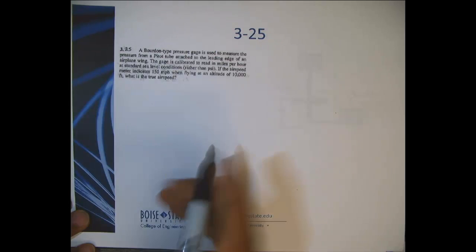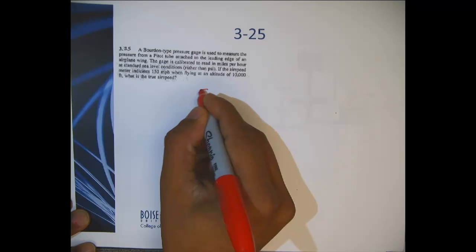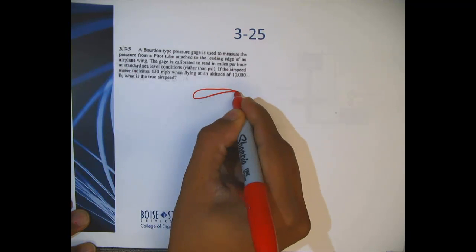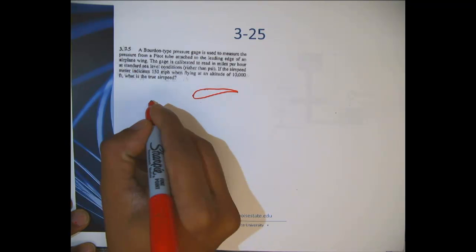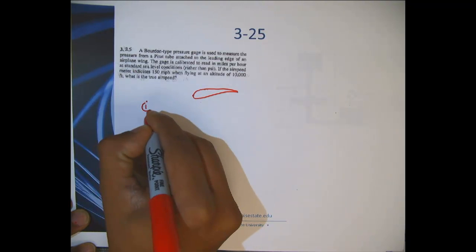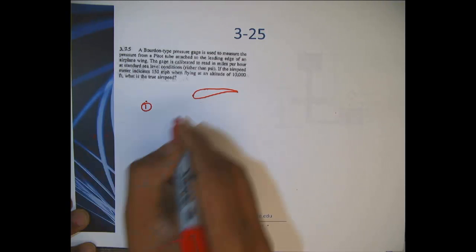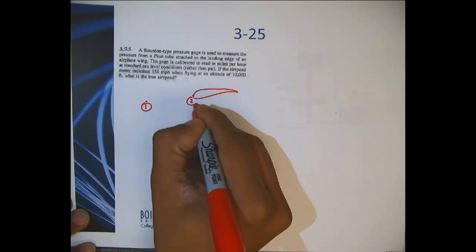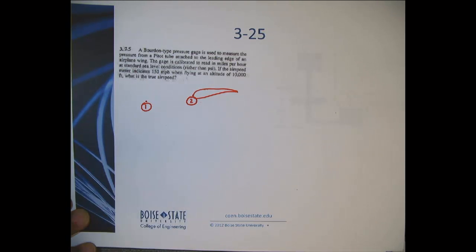Let's now again quickly draw our cute little airfoil. So I know there is an airflow at some velocity and you have the leading edge or the stagnation point there.